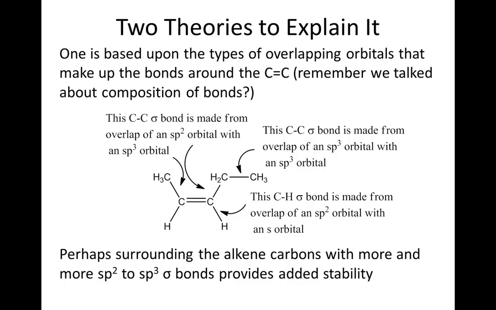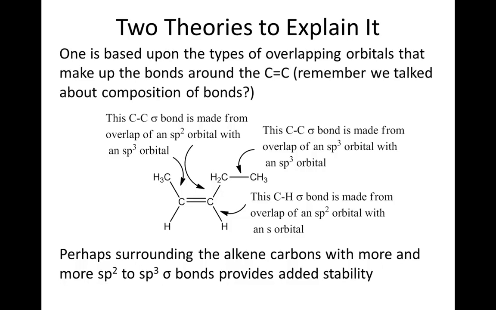And there are two theories to explain that. One is based on what kinds of bonds you have that are changing, and the kinds of orbitals that make up the bonds around the carbon-carbon double bond. We talked about the composition of bonds way back in chapter 1.